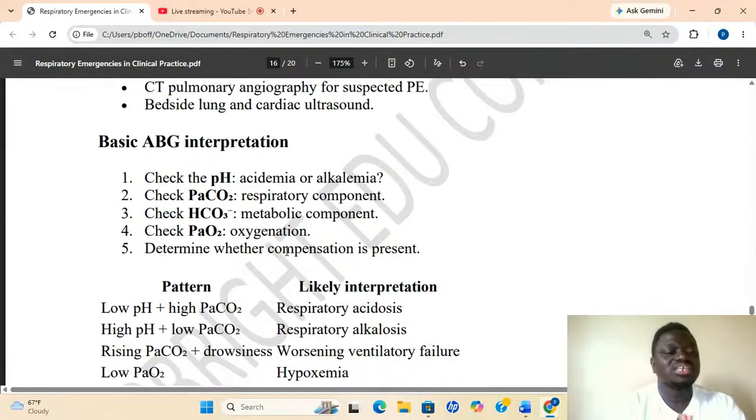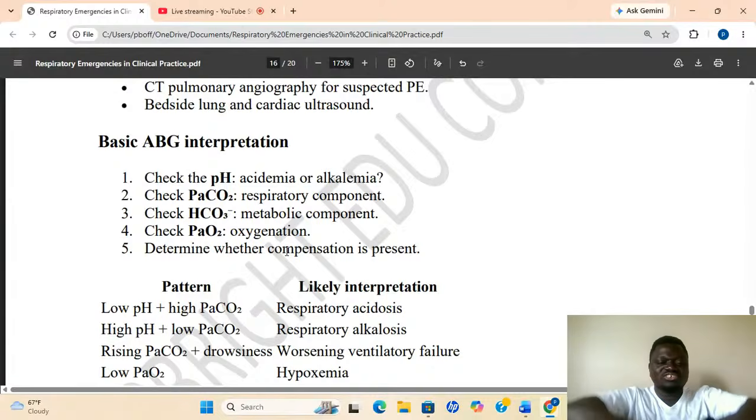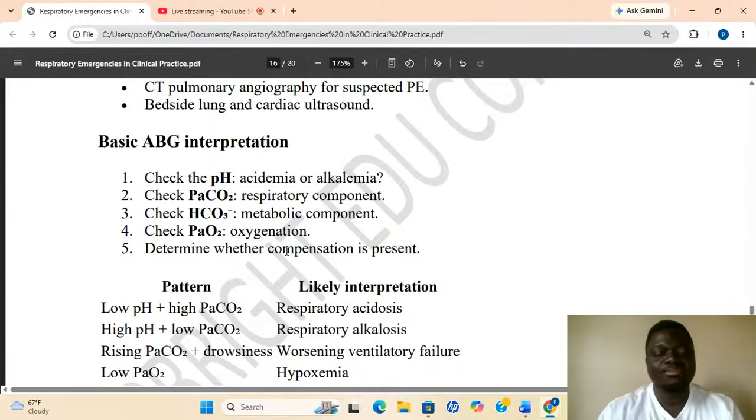Then you check the partial pressure of oxygen, for oxygenation, oxygen going to your body. Type 1. Then determine whether compensation is present or not.